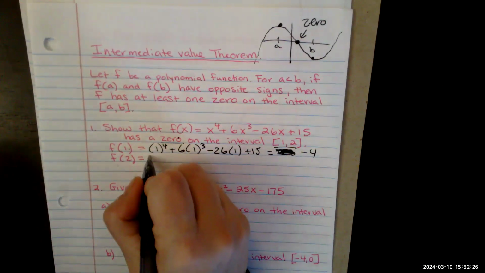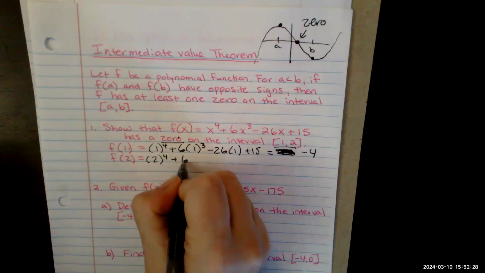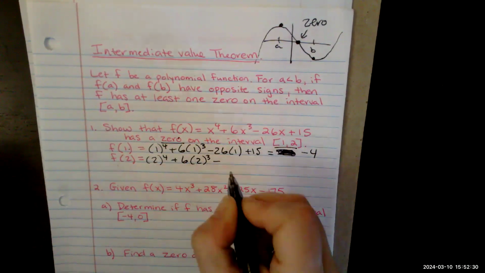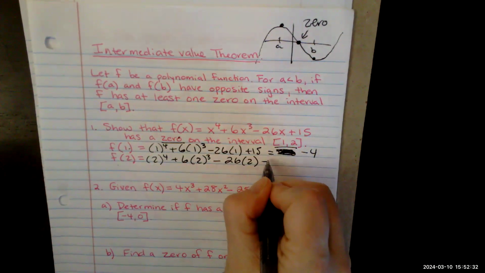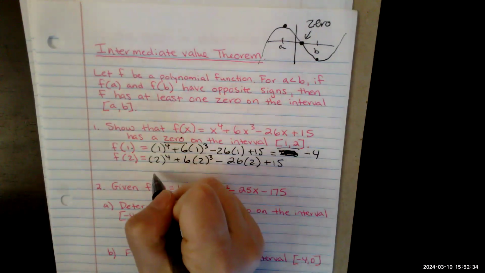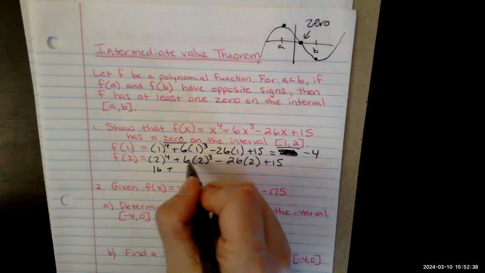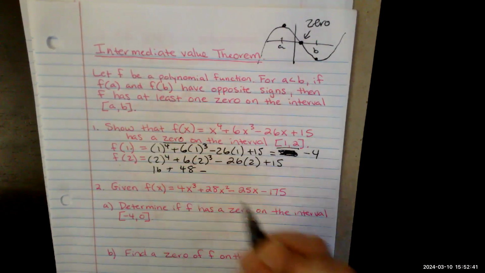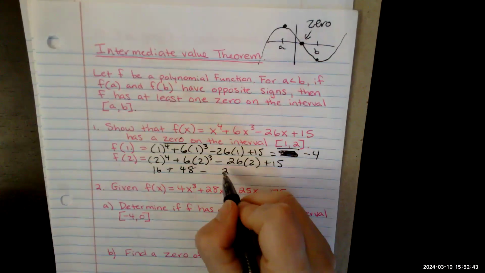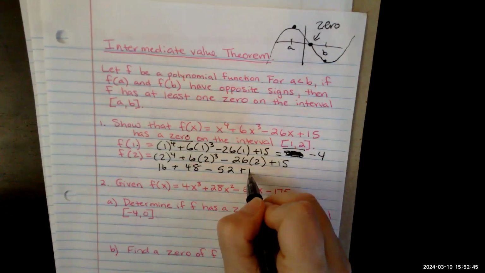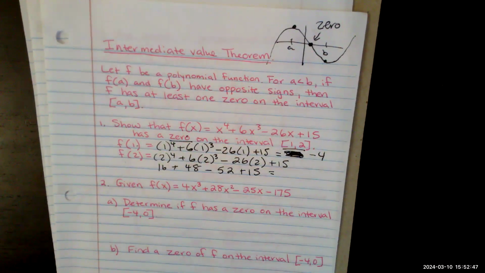So let's find out. 2 to the 4th plus 6 times 2 to the 3rd minus 26 times 2 plus 15. 2 to the 4th is 16. 2 to the 3rd is 8. 8 times 6 is 48. 52 and 15.